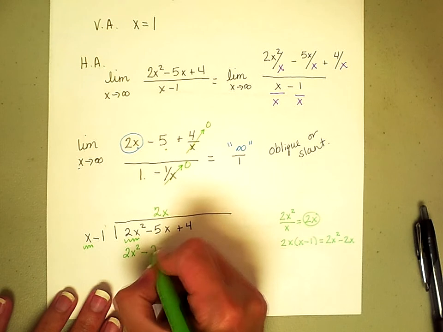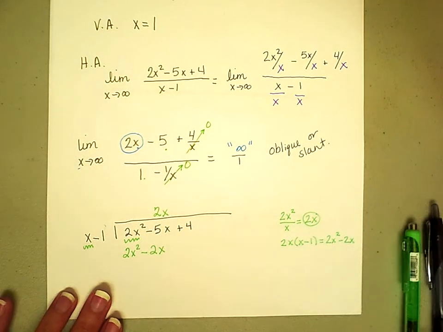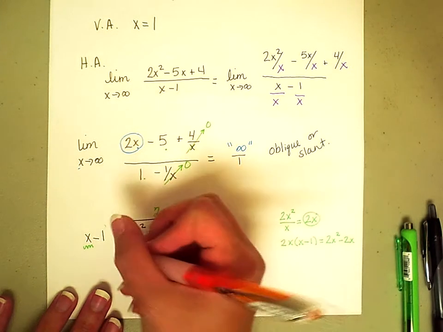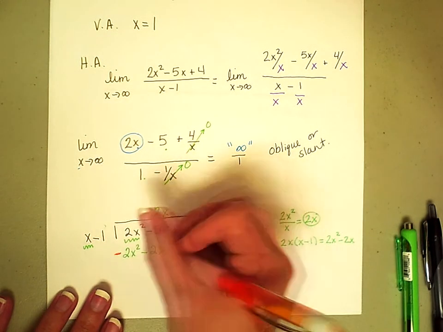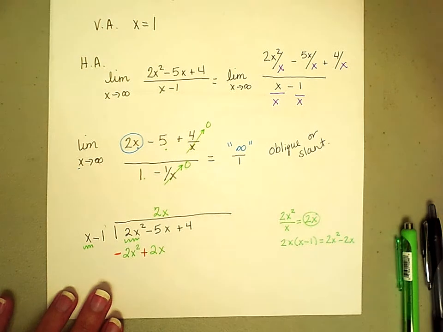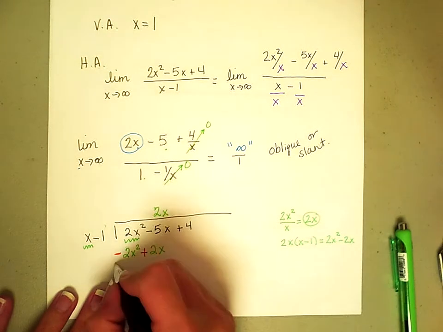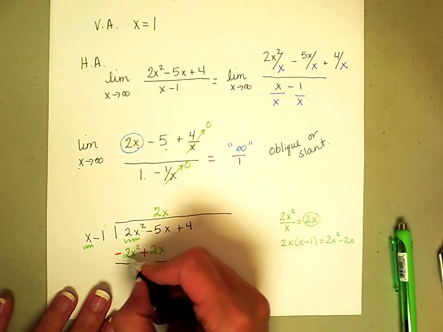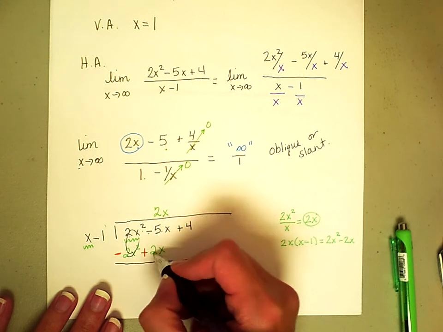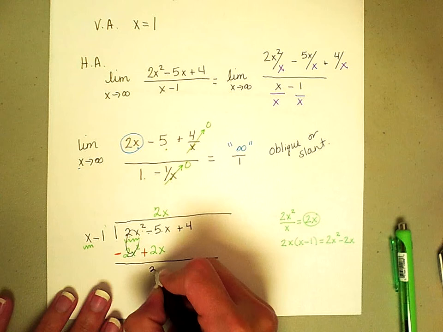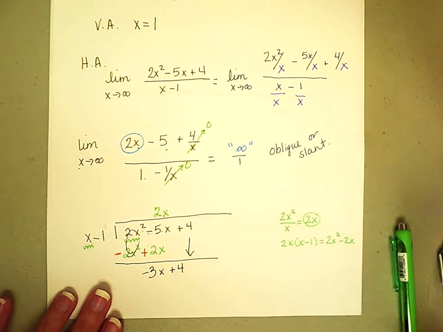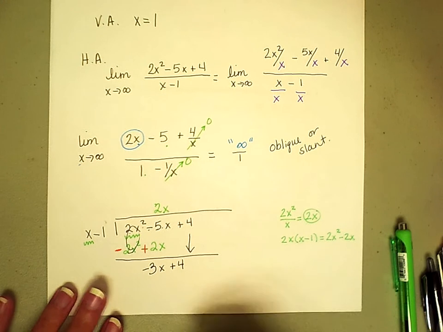This is what gets written down here. Following long division, I'll need to subtract, which means I have to change the signs. Then 2x squared minus 2x squared goes to 0. Negative 5x plus 2x is negative 3x, and we can bring down the 4.